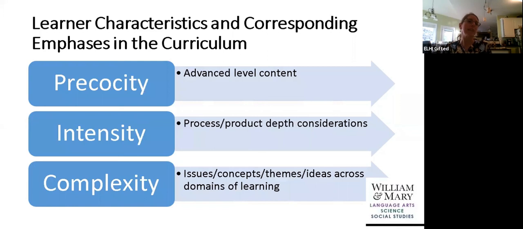And then the three characteristics that the units specifically address are precocity, intensity, and complexity, because our high ability learners demonstrate these characteristics every day. And so you'll notice when we go through the units, whatever grade level you're at, the content is pretty advanced. And then there are definitely challenging products that kids produce and processes that they go through in order to produce those products.